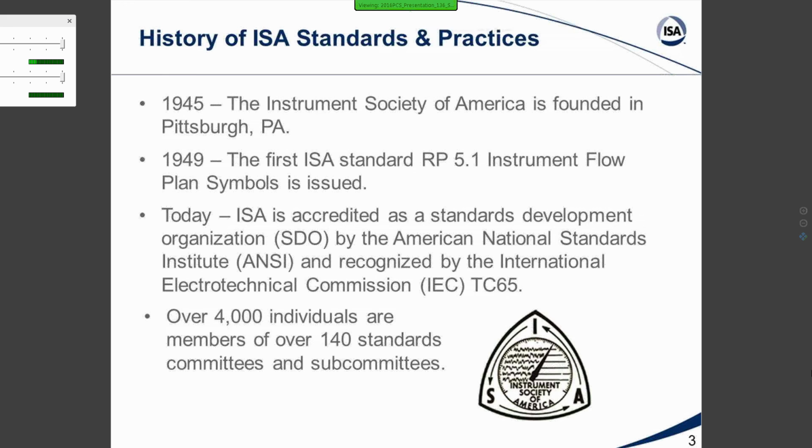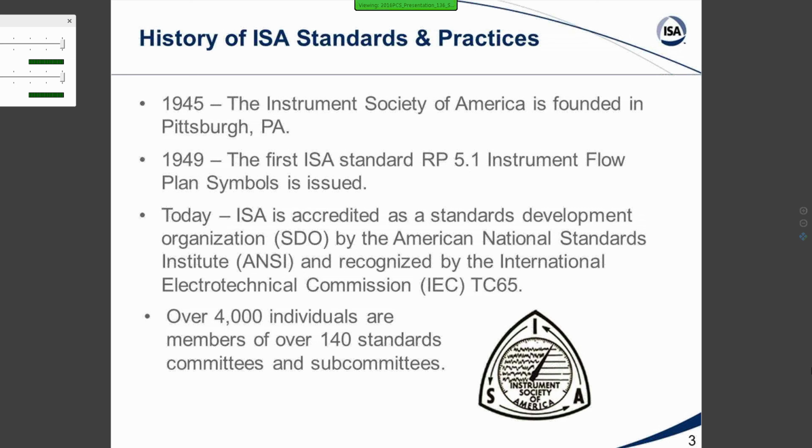That's what RP stands for. That's part of our secrets. They issued a recommended practice 5.1 on instrument flow plan symbols. So this is the beginning of some of our standards, which are really the basis of a common communication in many cases, so that we can understand from one engineer to another, from one automation professional to another.